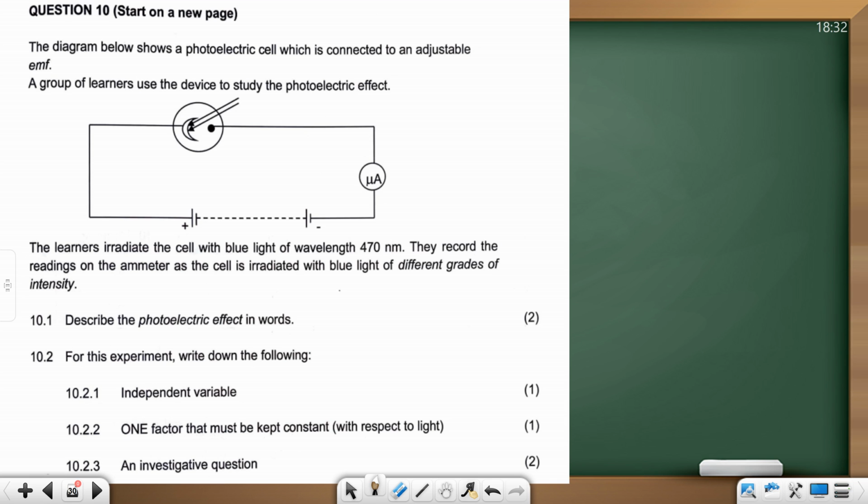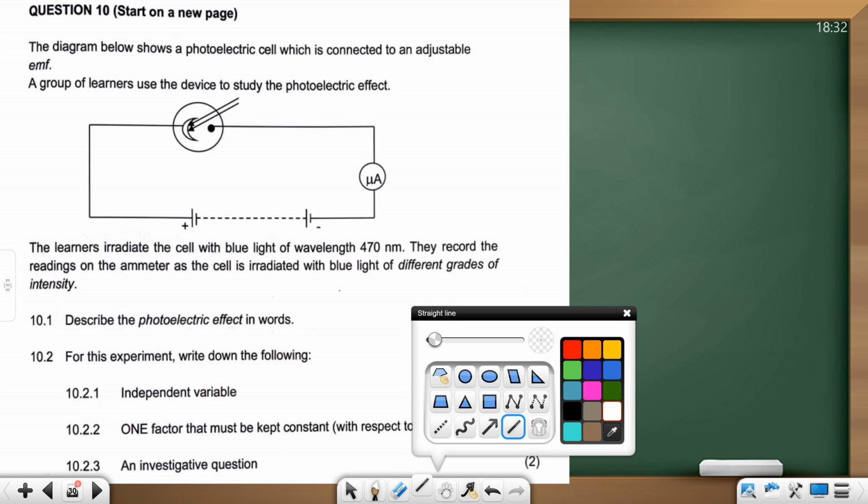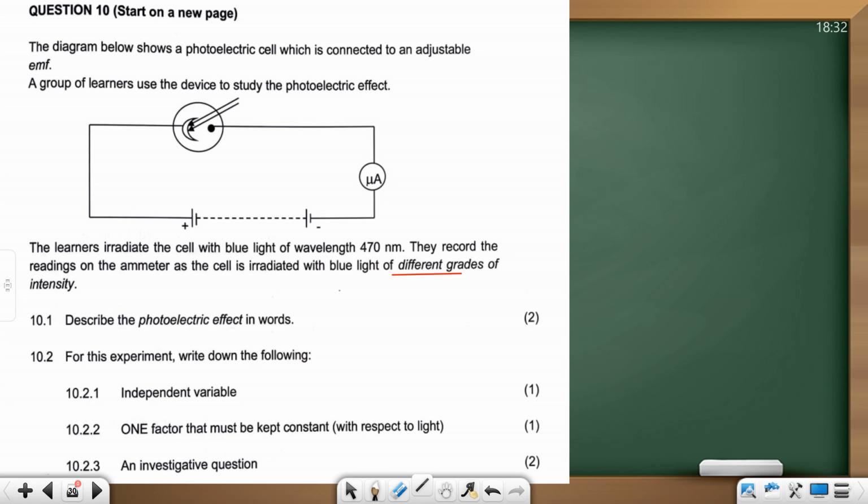They record the readings on the ammeter as the cell is irradiated with blue light of different grades. Now, I see that is written in italics, so I am also going to underline that. Define photoelectric effect in words.